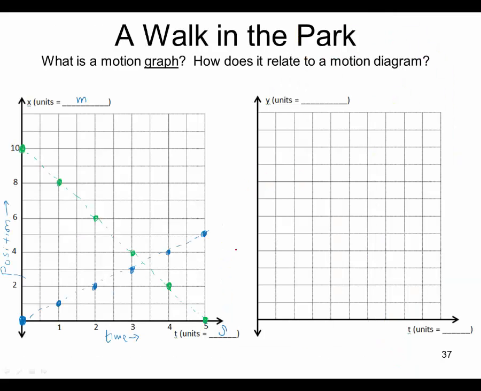So for the apple, we're not actually moving in the x direction. We're actually moving in the y direction. So let's use that graph. And once again, let's label some axes first. Our units in the y direction are in meters again, and our time units are in seconds again. And if we label the axes here, this is our position, y, I call it y, and the one over here we can call our x position.